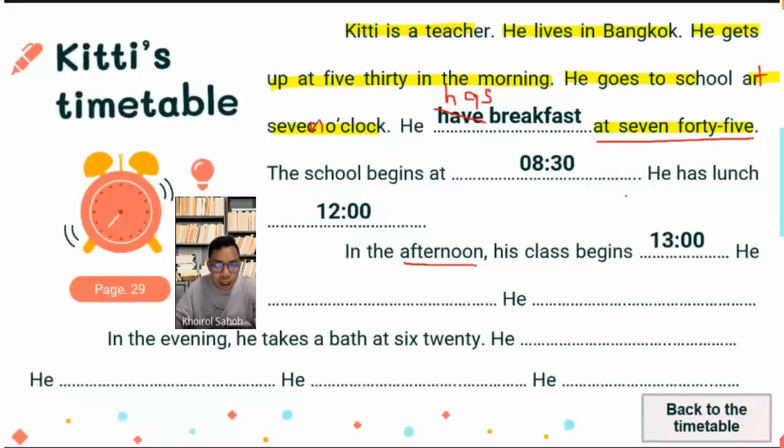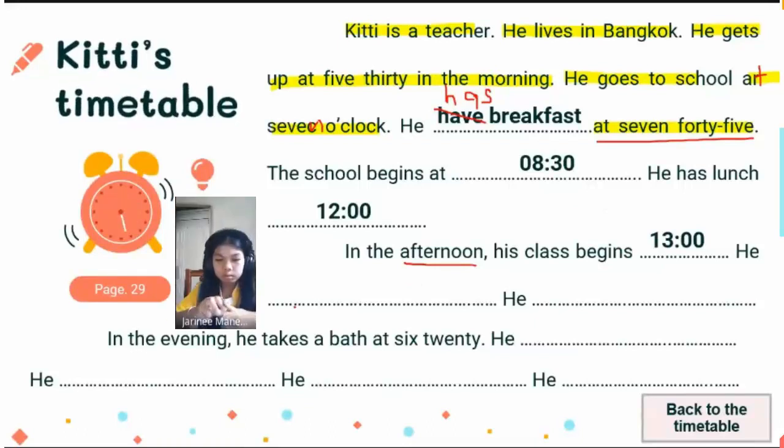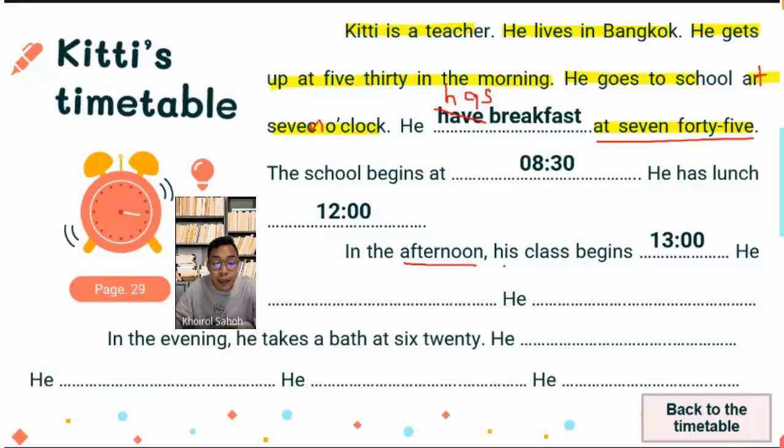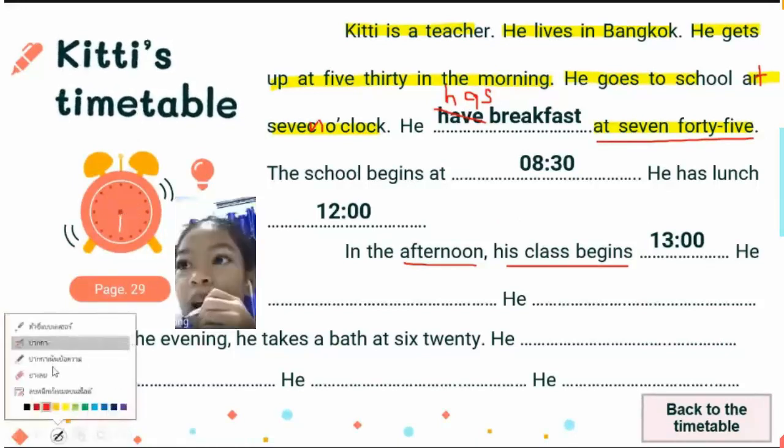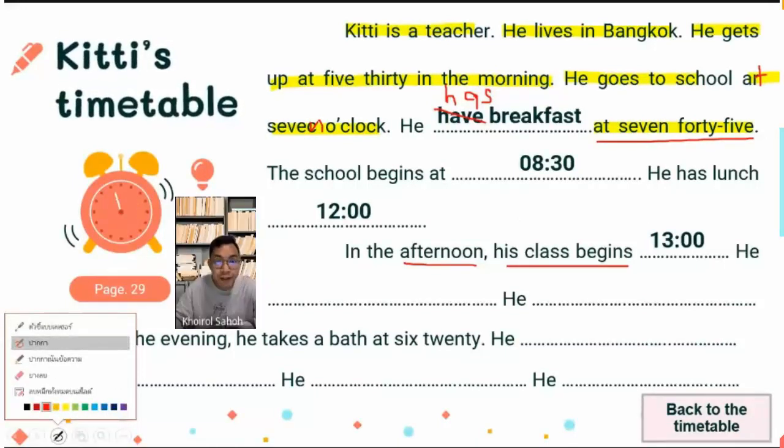Next one, after that in the afternoon, what does he do? Okay, after his class begins, after that, what does he do? เขาทำอะไรต่อ has coffee. Has coffee at what time?